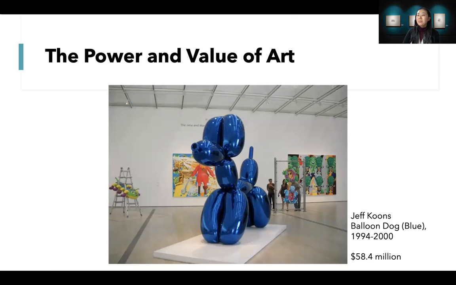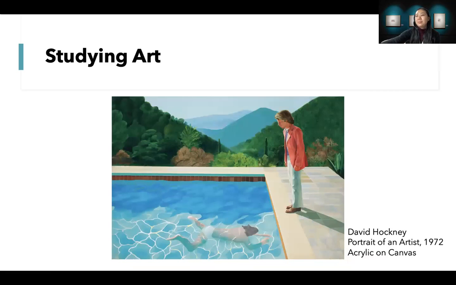So of course, we see the price is not the only or the most important measure of the value of an artwork, but we might place a high value on a work because it is aesthetically pleasing, or because its creation involves great skill. So why are we learning how to look at art? It's not simple.